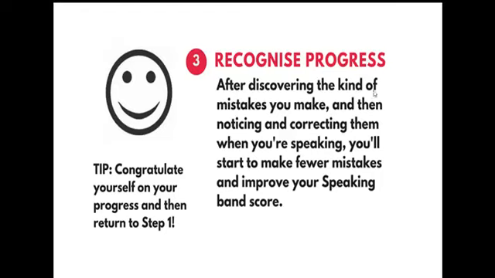Now, after discovering the kind of mistakes you make and then noticing and correcting them when you are speaking, you will start to make fewer mistakes and improve your speaking band score. I think that's really true. Once you discover your mistakes, once you notice and correct your mistakes, your number of mistakes would really drop. Okay? And in turn, it would really improve your speaking band score.